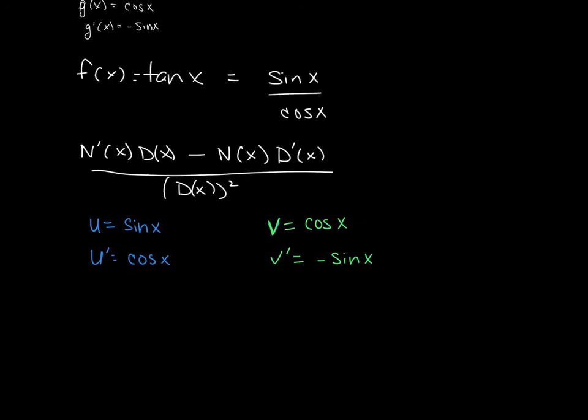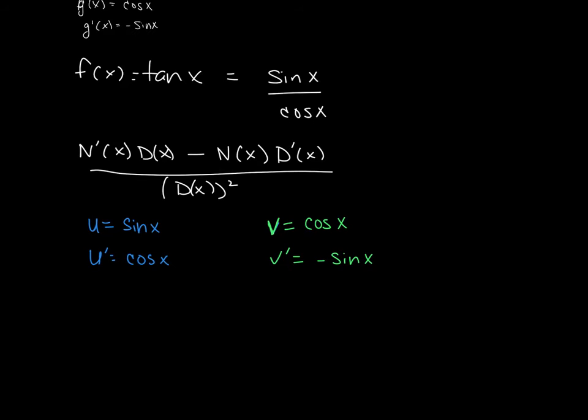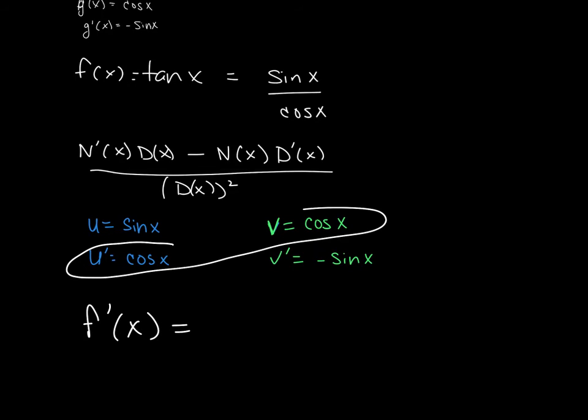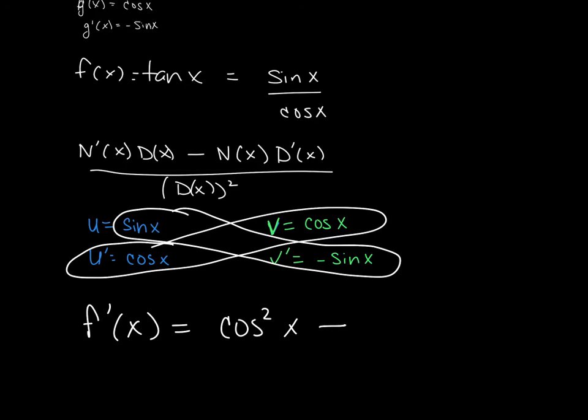So to put this in our function, the derivative of the tangent then has to be the derivative of the numerator times the denominator, which in this case is cosine squared of x. I subtract the numerator times the derivative of the denominator, which is going to be minus the sine squared of x.